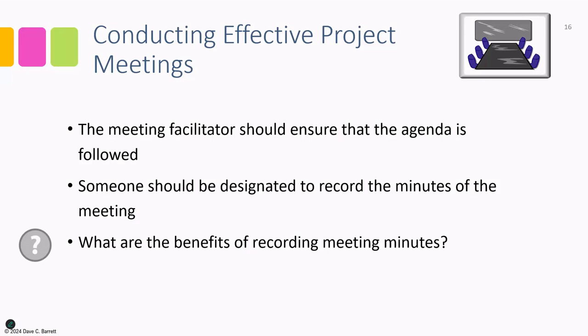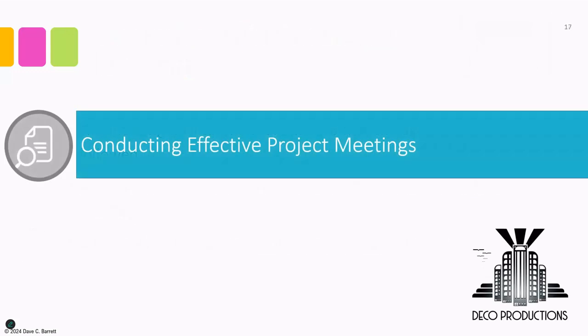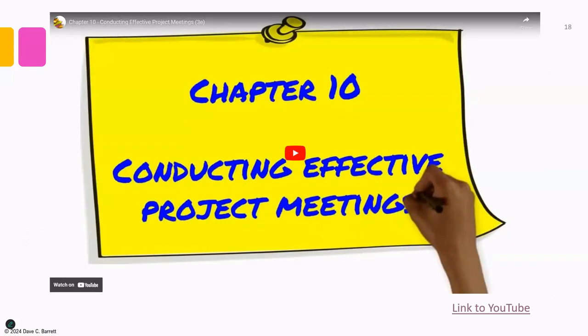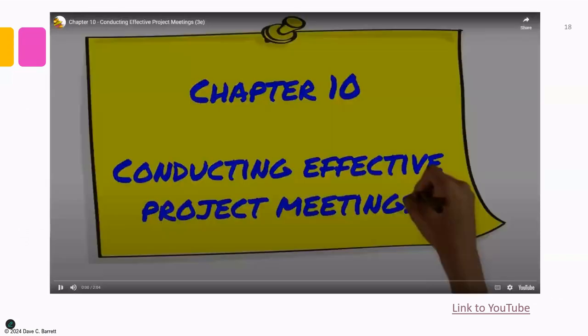And therefore, it's important for us to capture that information so that we don't have people recalling different things that were decided. And for anyone who cannot attend, they can still read about what was determined or what was discussed and decided during the meeting. Let's watch this video now in terms of conducting effective project meetings.